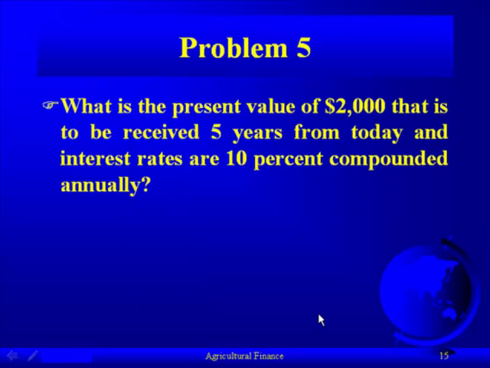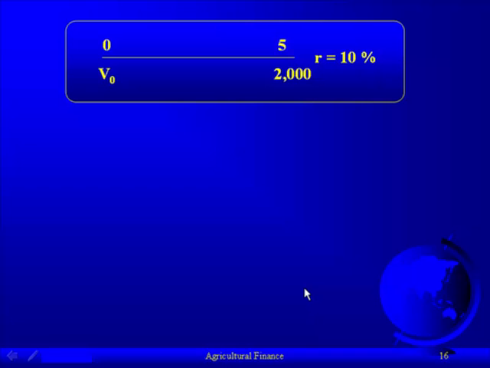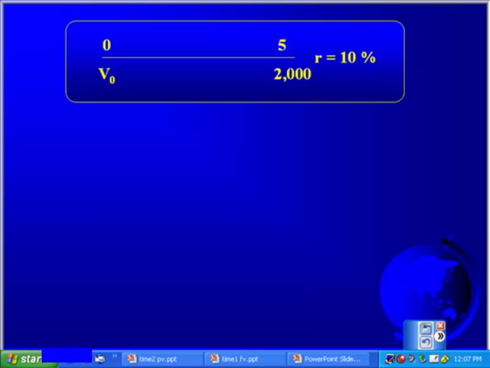Okay, what is the present value of $2,000 that is to be received 5 years from today, if interest rates are 10% compounded annually? That's a lot of verbiage and a lot of wording. That's why we go to the timeline. The timelines are useful in picking out the information from the verbiage contained in the problem.